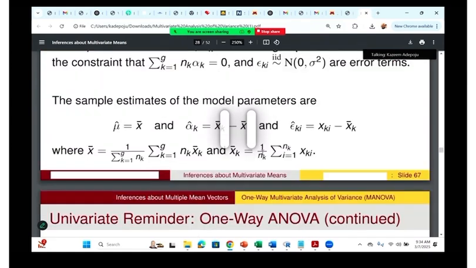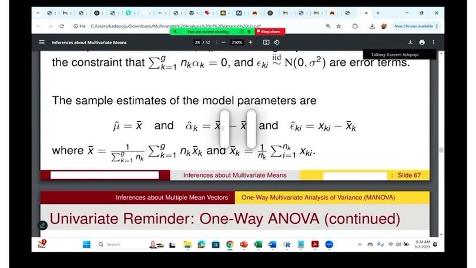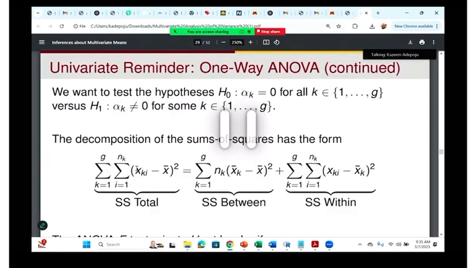And of course, in univariate, you know that we are decomposing the sum of squares total. The idea in analysis of variance is that we want to break down, to split, the total sources of variation into components. The SS total means total sources of variation, split into two components, because I'm dealing with one-way ANOVA.